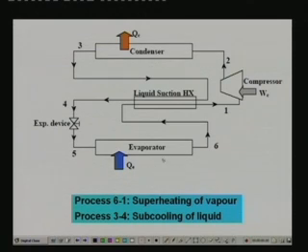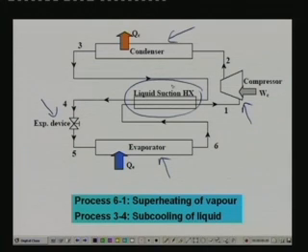In the basic system we had only evaporator, compressor, condenser and expansion device. So in the modified system we have added an extra component, the liquid suction heat exchanger. So what is happening in this extra component? The liquid from the condenser is flowing in this direction, and vapor from the evaporator is flowing in this direction. That means they are flowing in opposite directions.